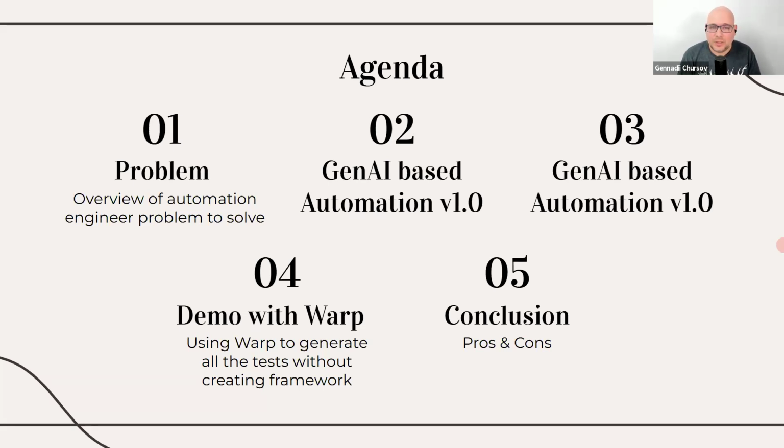I also will tell you about the first version of GenAI-based automation, because here at the Data Science Conference, I'm a speaker already for the third time. So I started my journey to use AI in automation 3 years ago. Now I have several improvements to my framework, and the next agenda step will be just to share what I improved. Actually, it should be version 2, but okay, I will fix that.